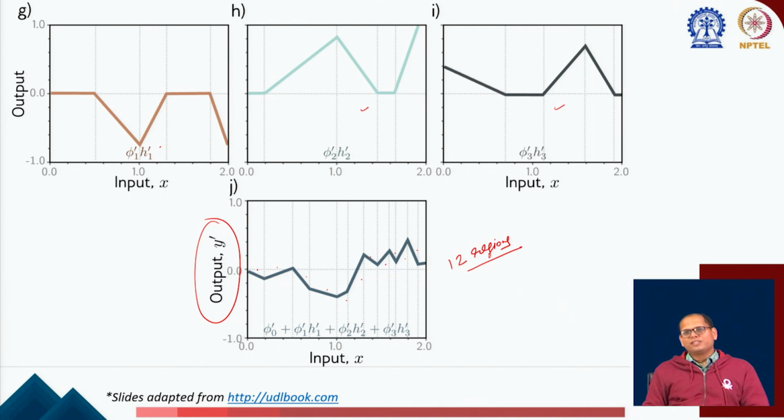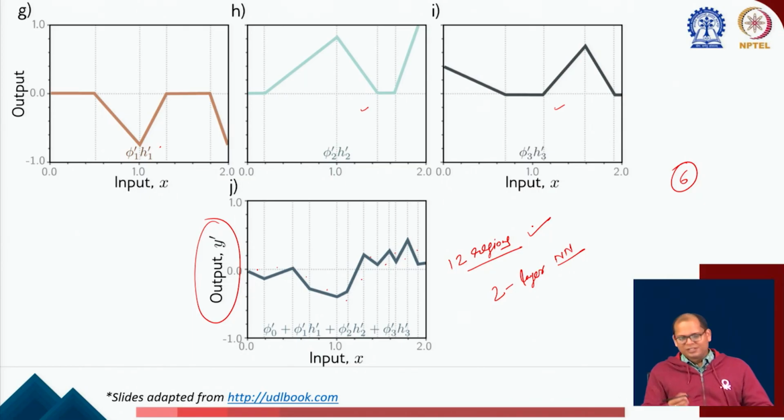You got 12 regions with a simple two-layer neural network, where even if you would have composed the neurons together, you would have got at most 7 regions. 3 neurons plus 3 neurons, 6 neurons, you would have got at most 7 regions, but now you are getting 12 regions already.